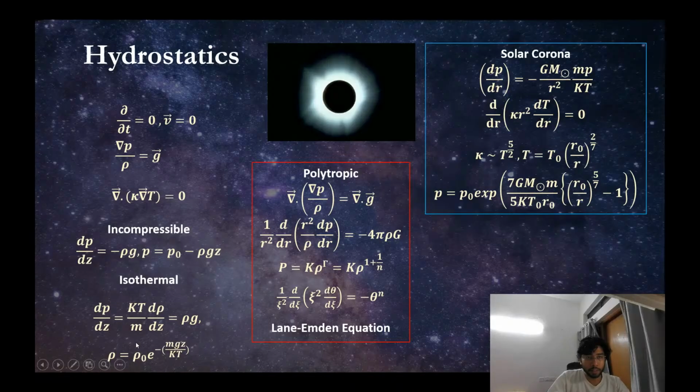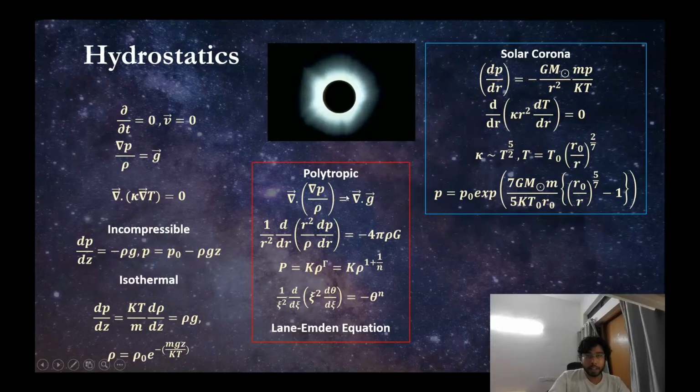So from there you can easily get this equation, and this rho naught is an integration constant, right? So these are two simple cases for which we can see that this hydrostatic balance equation is giving different profiles, right?